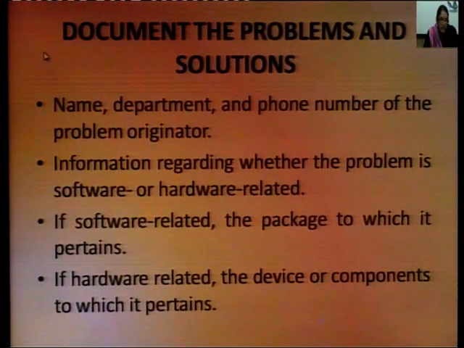After finding every solution related to the problem symptoms that occur in the system, you have to document the problems and the solutions by doing the following steps, in which the name, department and phone number of the problem originator are recorded.